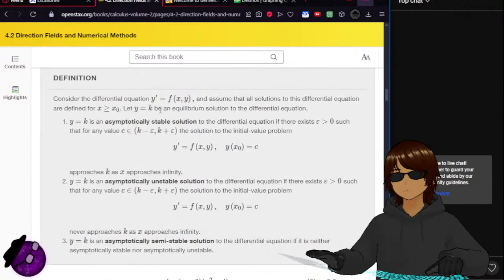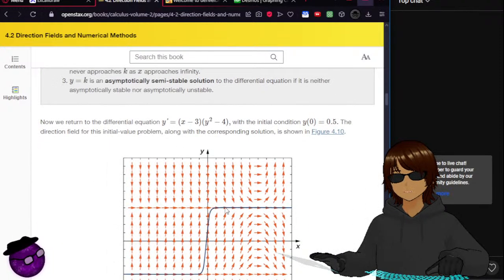Okay, let me understand what they're saying. Asymptotically stable solution if c within this range approaches k as x approaches infinity.